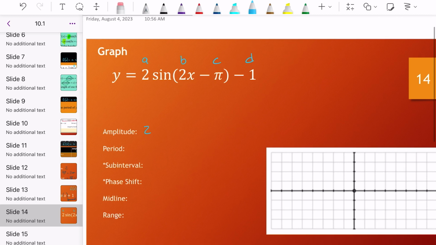Our period is going to be 2 pi over B, which is 2, so we're looking at pi. Our subinterval is the period divided by 4, so pi over 4. Our phase shift is going to be negative C over B, so we're looking at pi over 2.